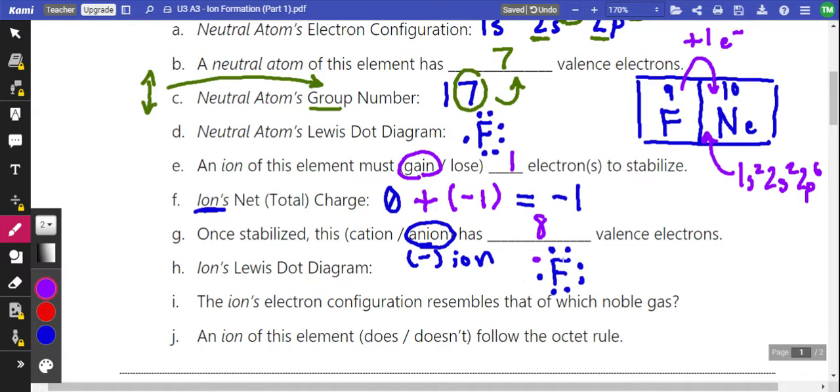It now has 8 valence electrons, but it also has a charge. So we should probably show that on the Lewis dot diagram too. Okay, to show that negative charge, we're going to do a little negative sign like this. Okay, just put a little negative sign up by the Lewis dot diagram. Usually it's up in the top right. It's just kind of the tradition, the convention for it.